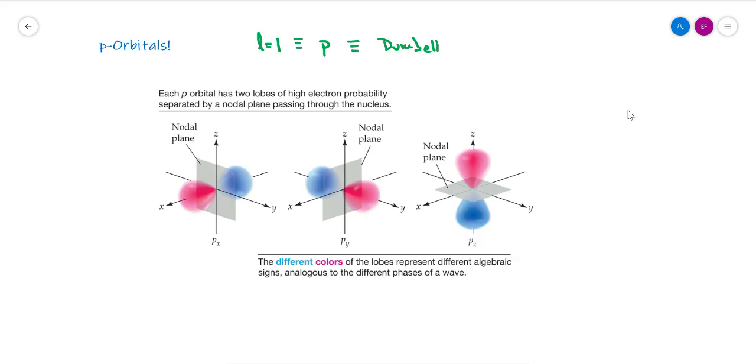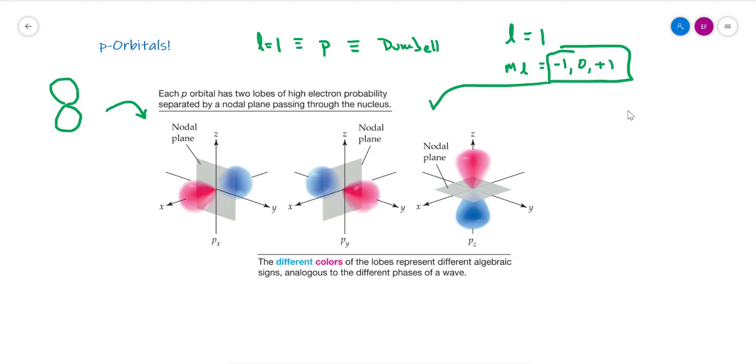Remember, if you have an angular quantum number of 1, then your magnetic quantum number can take on any value from plus L to minus L, which means we would have everything from -1 to 0 to +1, which means that the original dumbbell shape that a p orbital has could actually exist in 3 different orientations. And that's what we're seeing here. We're seeing these 3 distinct orientations of our p orbital shape.